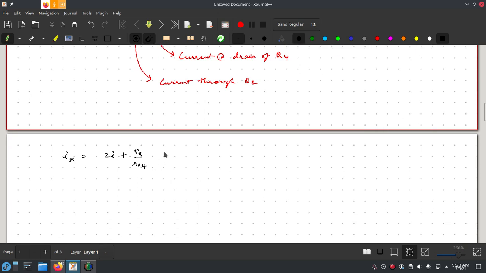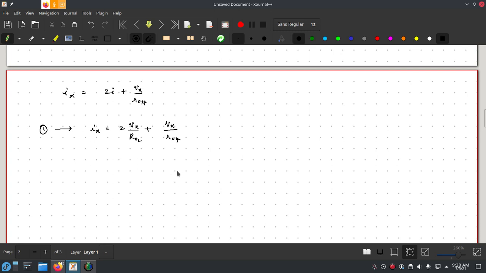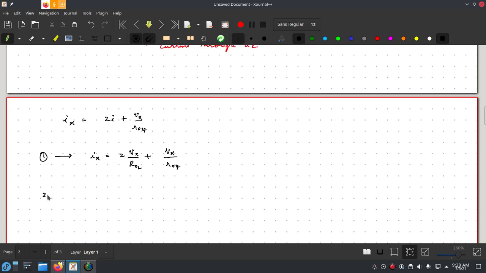So according to equation 1, Ix will be 2 Vx divided by R02, not r02, capital R02, plus Vx divided by r04. R02 is 2 times r02 according to equation B. So Ix will become 2 times Vx divided by 2 r02 plus Vx divided by r04.